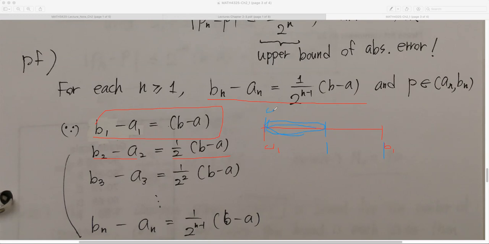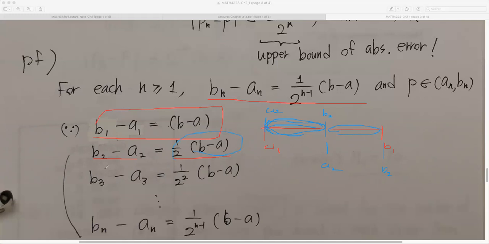In the case of a1 becoming a2 and b1 staying b2, or b1 becoming b2 and a1 becoming a2, in either case, look at the new universe a2 b2. That's half of a1 b1, right? So that makes sense, right?